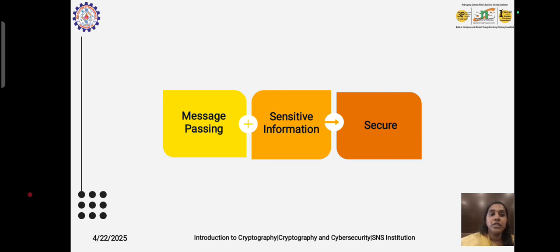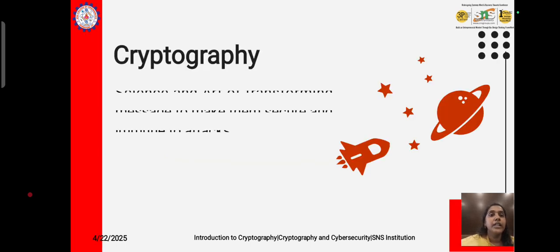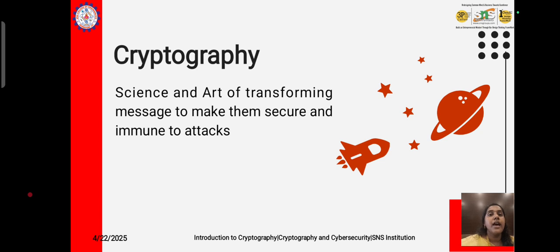Normal information should also be secured, but if we are passing sensitive information, it must be even more secure. In that case, we are using the concept of cryptography. Cryptography is the science and art of transforming messages to make them secured and immune to attacks.